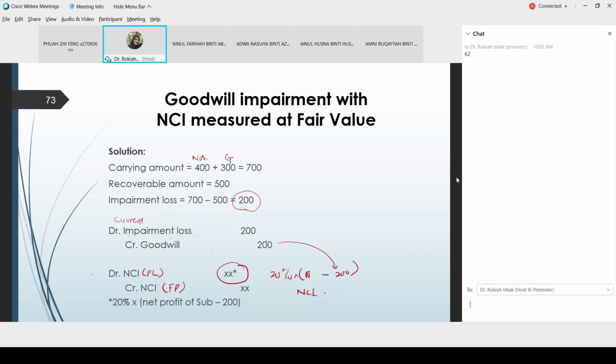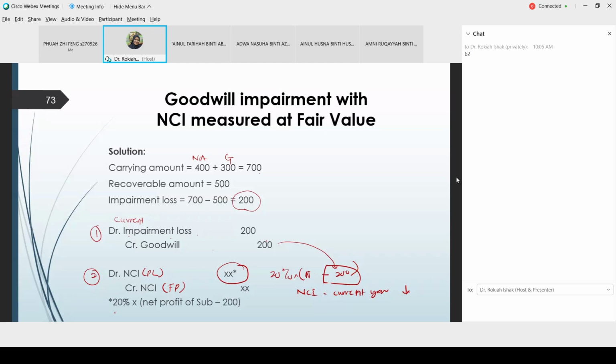NCI is going to receive a share of the current year profit. The current year profit will be lower because there is an impairment of goodwill, so it is going to be minus. So you're going to prepare two journal entries. One is to record the impairment loss, and the second is to record the portion of the NCI.